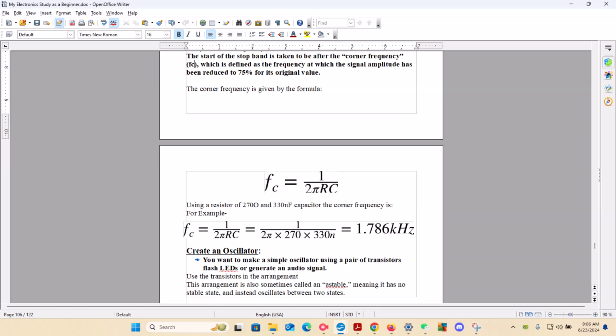So when you use a resistor of 270 ohms and a capacitor of 330 nanofarads, the first one is the strength of the resistance and the second one is the strength of the capacitance.